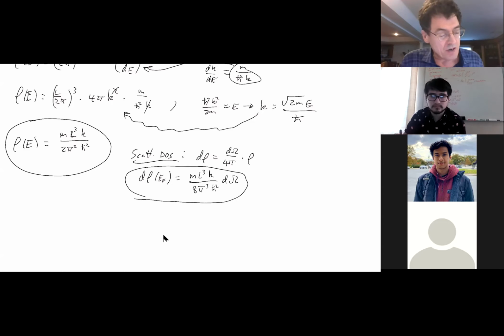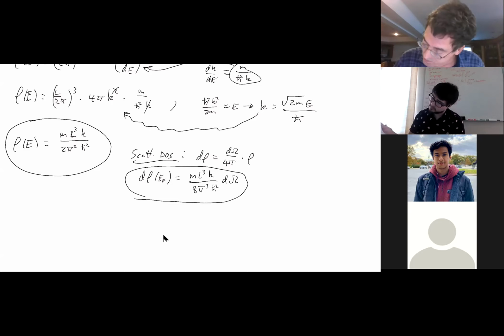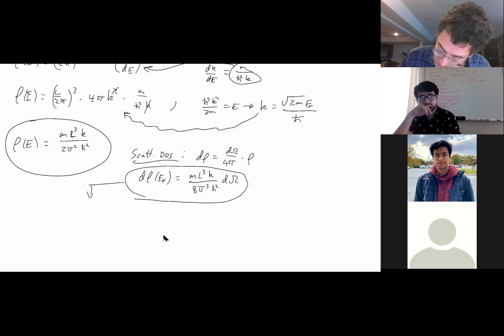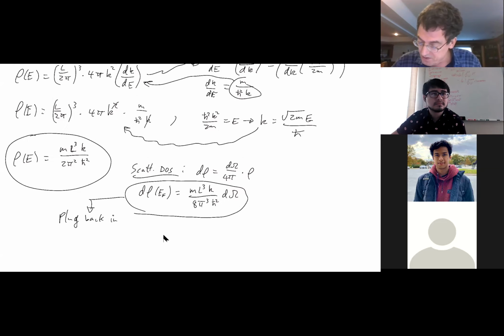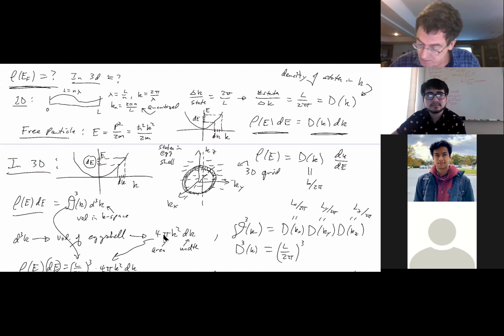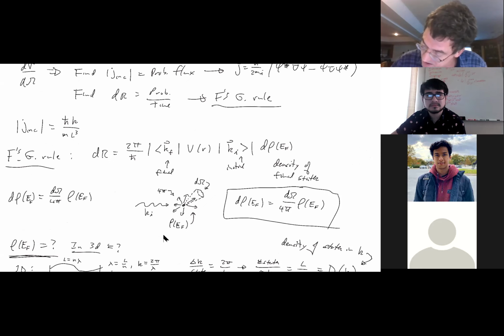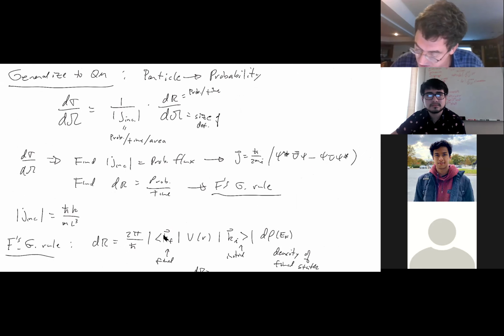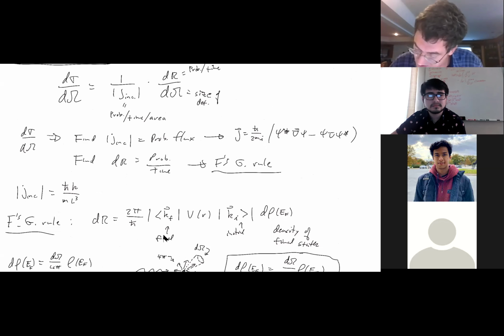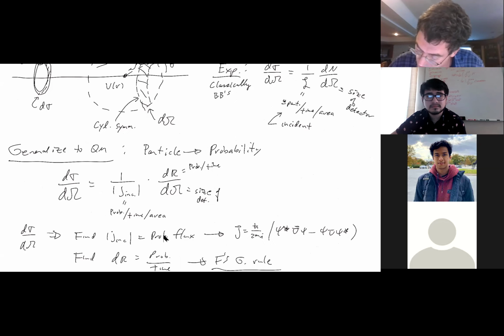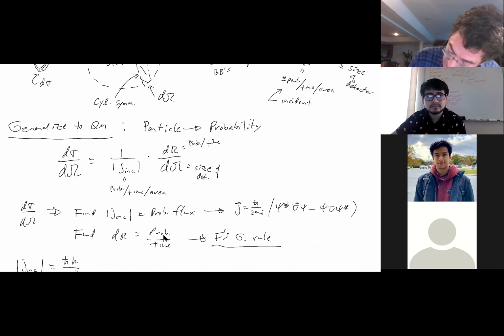That was sort of the hard part. And so now we just plug it back in to that expression that we had, and I'll just remind you where we're going to plug it back in. You want to plug it back into this formula. Where is it? Way up here. Basically, we're plugging it all the way back into this formula.